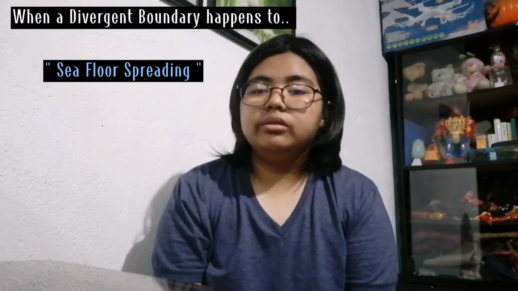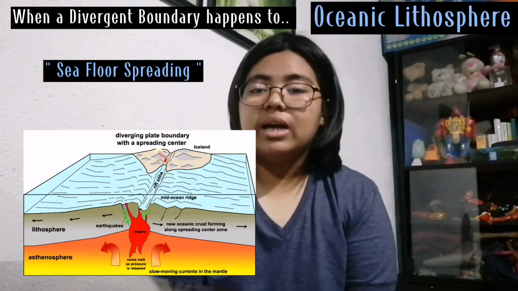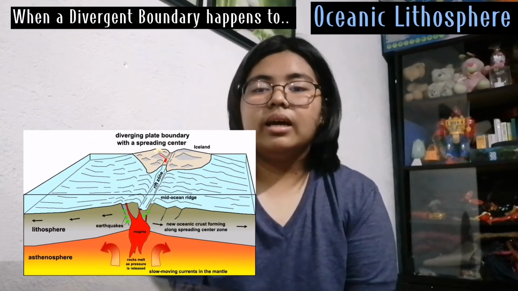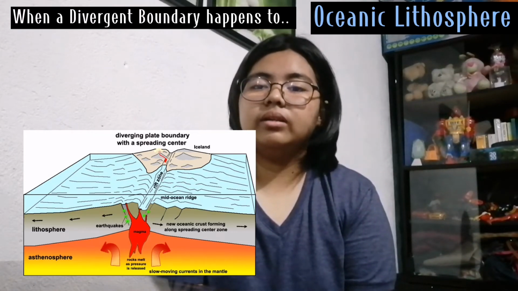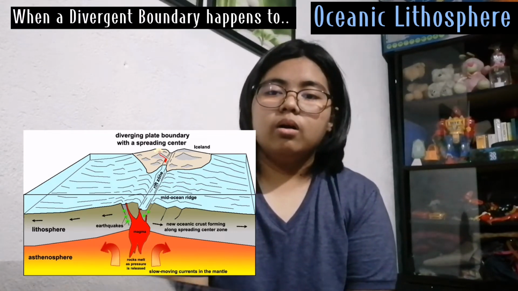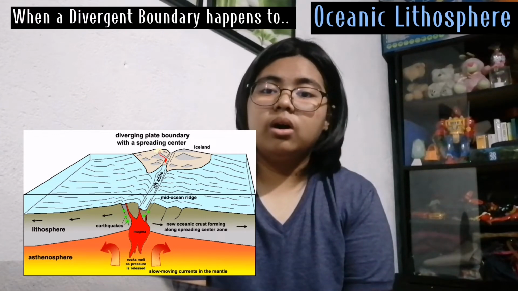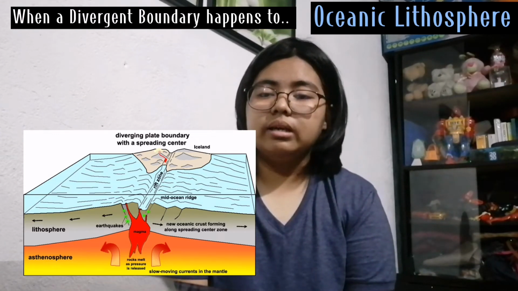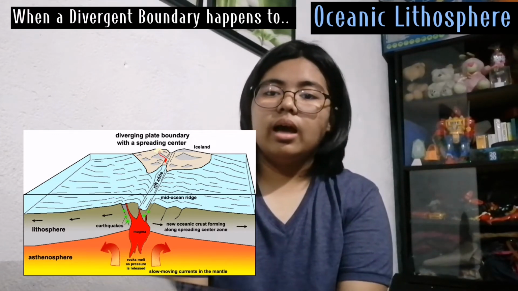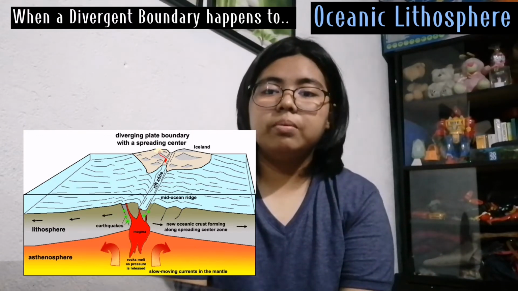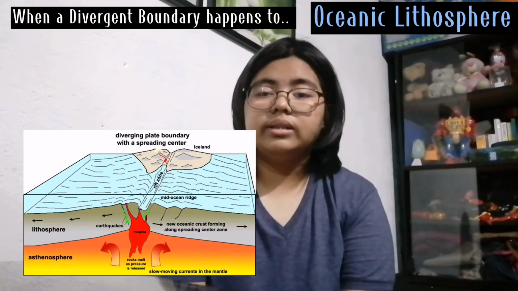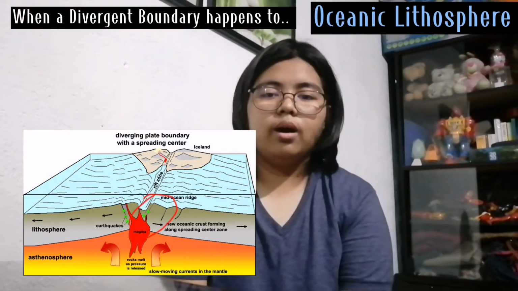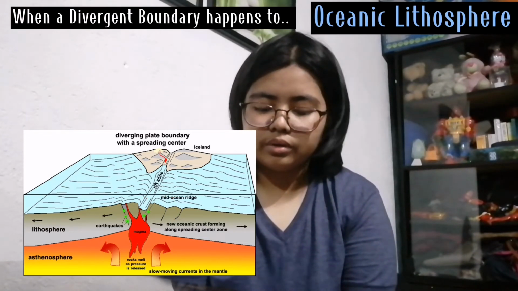When a divergent boundary happens to oceanic lithosphere, the rising of a convection current happens. When a volcano erupts below the sea, it rises up and it passes to mid-ocean regions where there are faults or fissures.